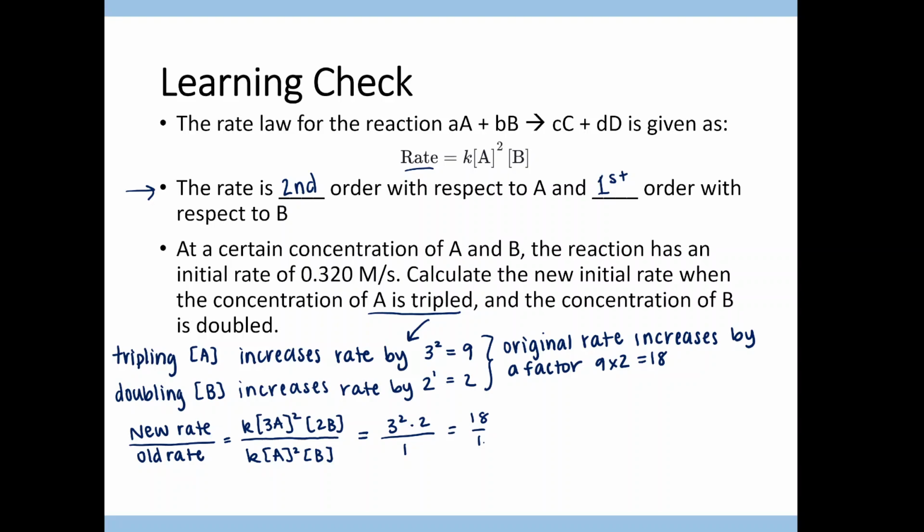So 18 times the original rate. So the new rate is 18 times the old rate. So 18 times 0.320 molarity per second. The new rate is 5.76 molarity per second.